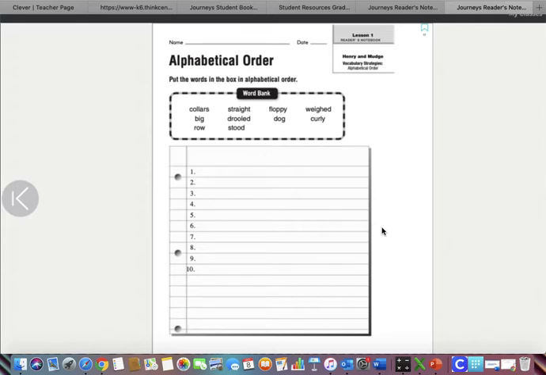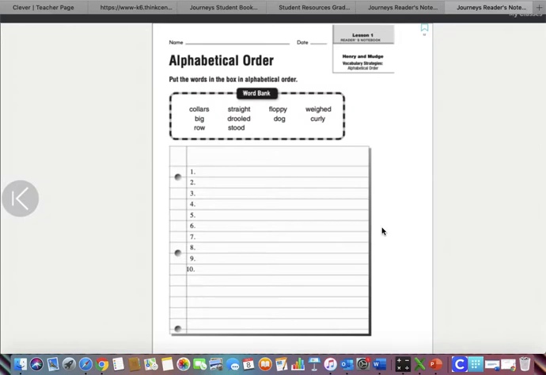This is tricky because remember, sometimes we have to look at not just the first letter of the word, but sometimes we have to look at the first 2 letters of the word. Zayden, which word do you think is going to come next, buddy? Now, let me help you here. I actually see 2 words that start with the letter C. The letter C words are going to come next, right?